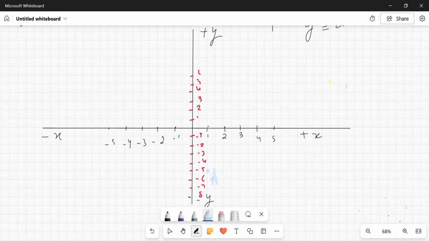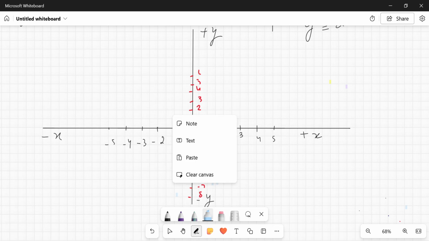Now the second one was -1 and -8. -8 is this one. And I'm writing here B. Now the third one is 3 and -2. 3, positive side, and -2. Go down.